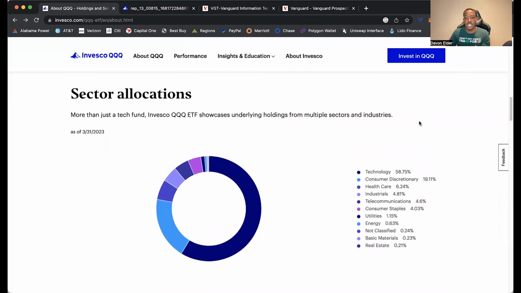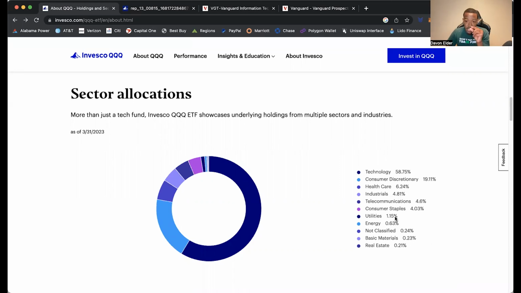So when you look at the sector allocations in QQQ, you've got 58.75% technology, but you've got 19.11% consumer discretionary. You've got 6.24% healthcare. You got 4.81% industrials. You got 4.6% telecommunications. You got 4% consumer staples. You got 1% utilities.